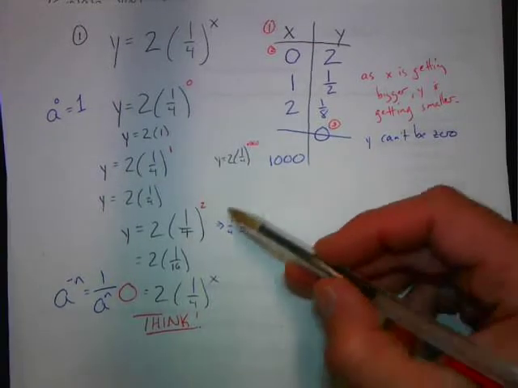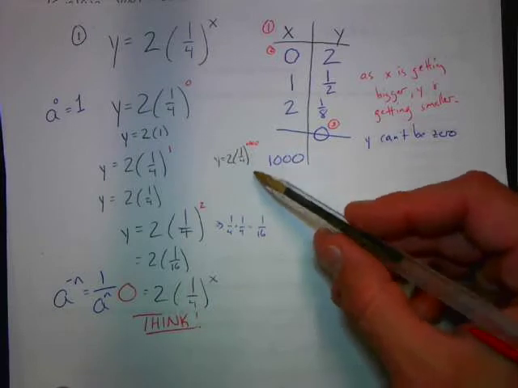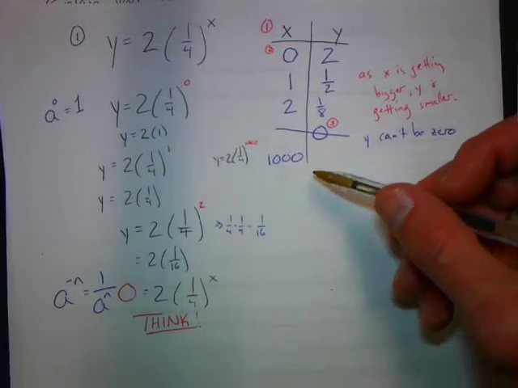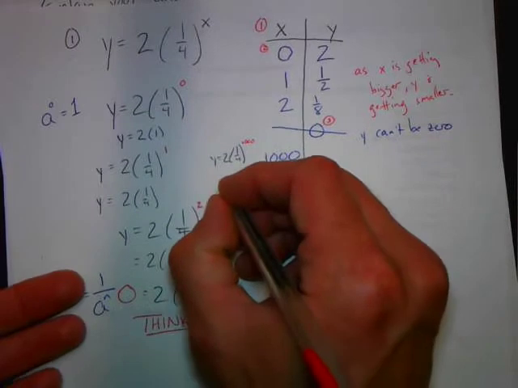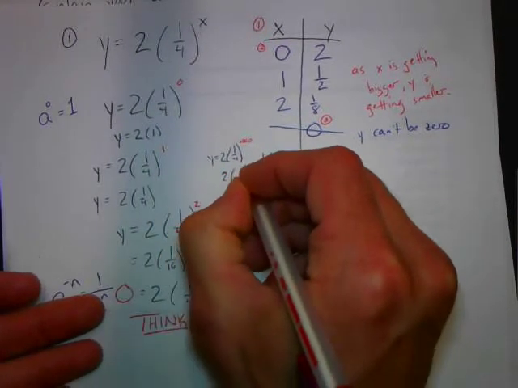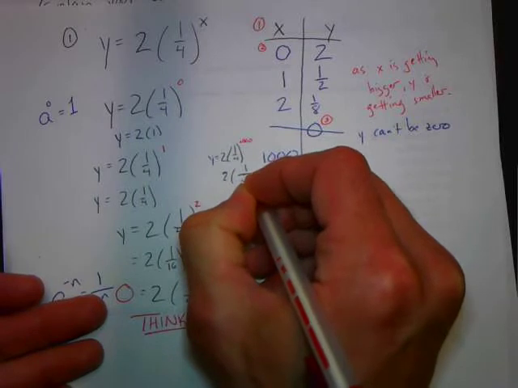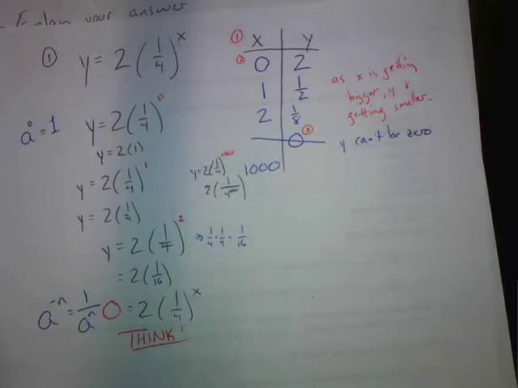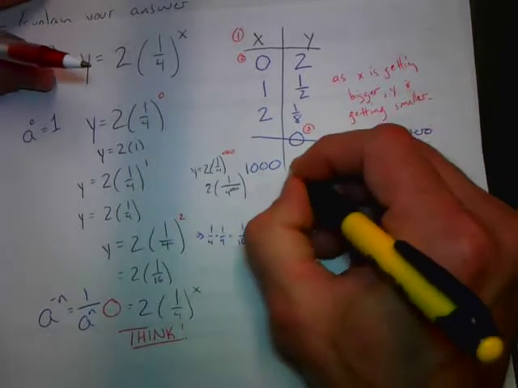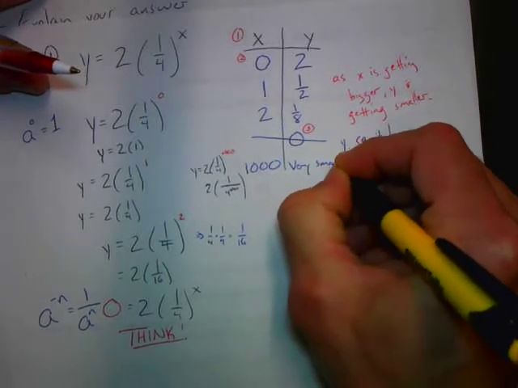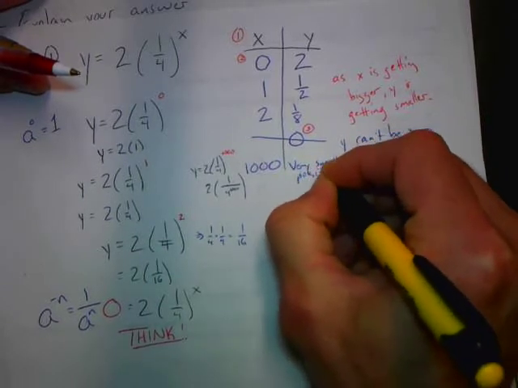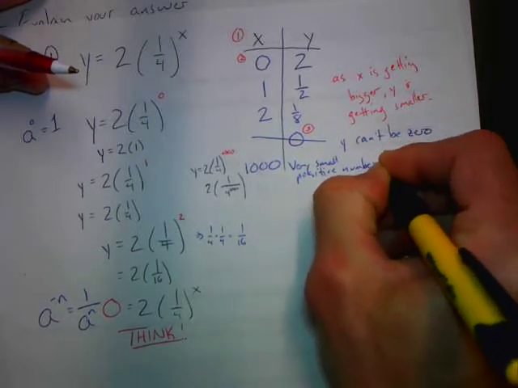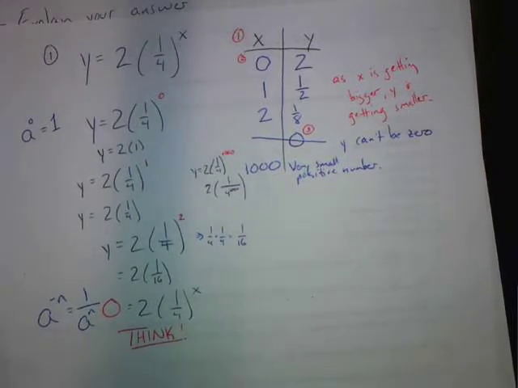No. Remember how exponents work: we're multiplying 1/4 times itself 1,000 times. So basically we would have 2 times 1 over 4 to the 1,000th power, which is a pretty large number. I don't feel like going there. That's just a very, very, very small positive number. It's still not 0. It's just a very small positive number, and that's important to distinguish. So y won't ever be 0.